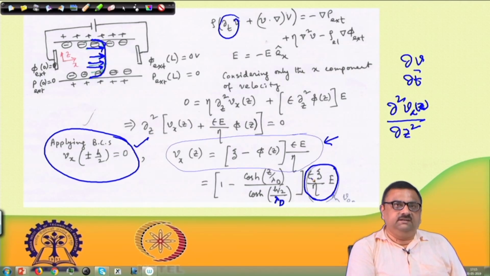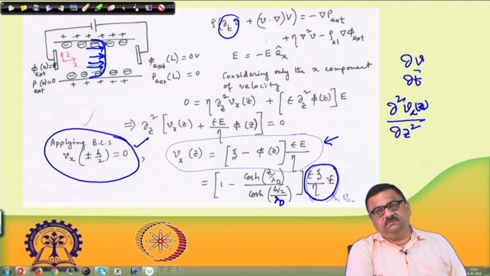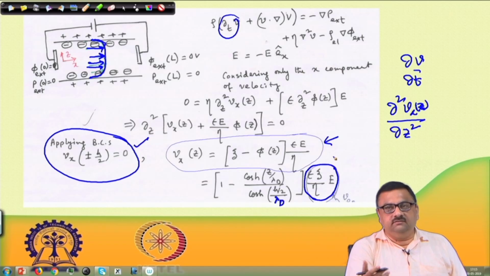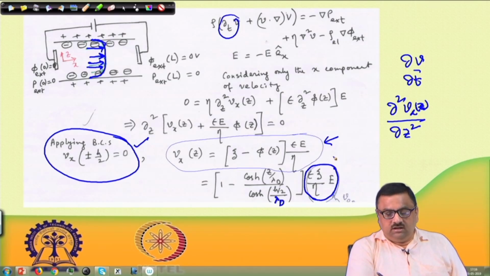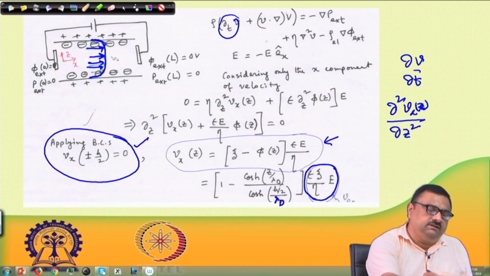It has epsilon, which is permittivity, which comes from electrostatics. It has zeta, that same zeta potential. We have a way to measure zeta potential experimentally, and zeta potential is a property of the system, that means the wall material that you have chosen and the electrolyte that you have chosen. E is the electric field, that means how much voltage you applied.